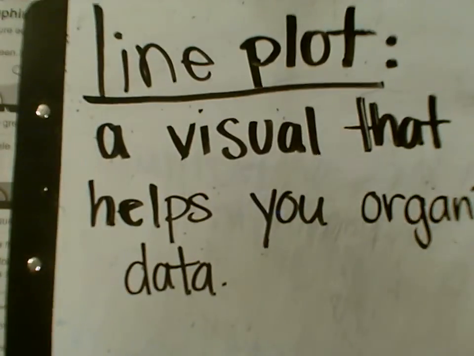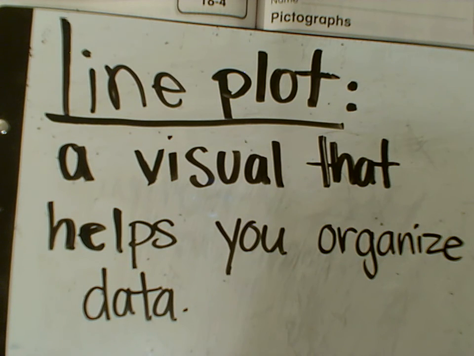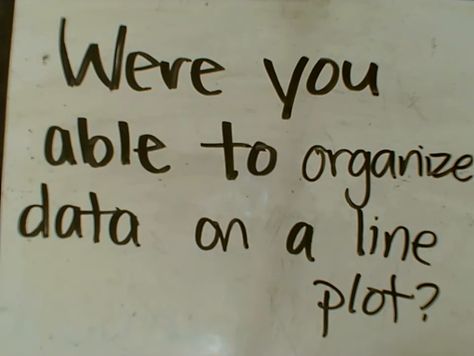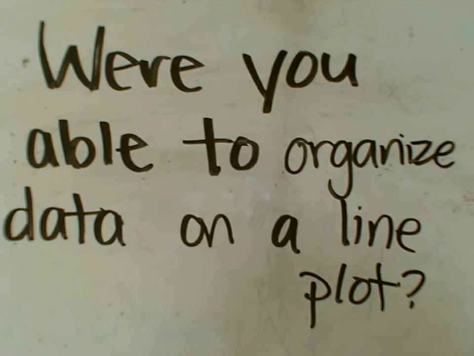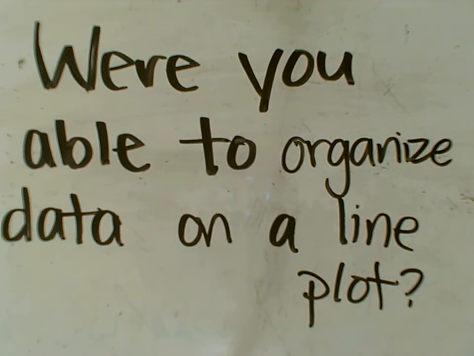Just remember that a line plot is a visual that helps you organize data. Were you able to organize data on a line plot? Just remember that this is really important for us to do.